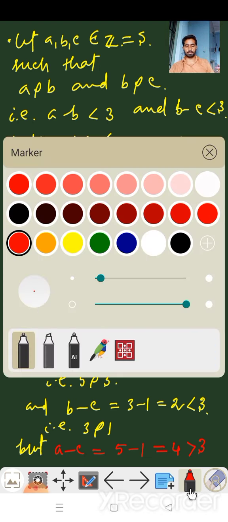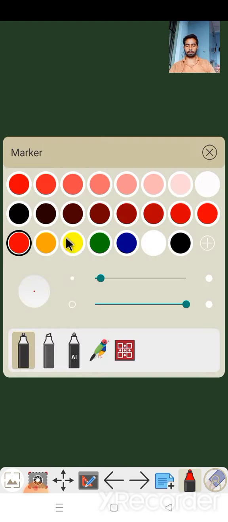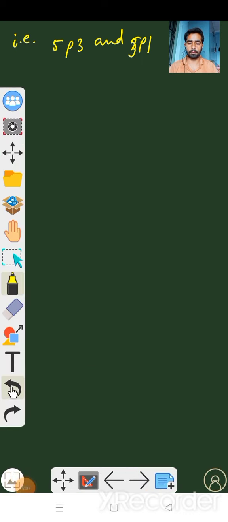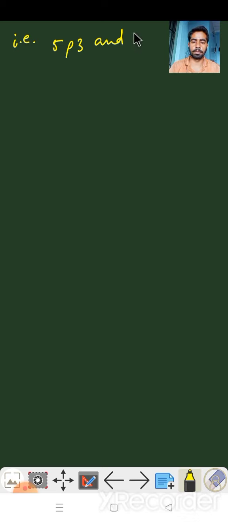That is, we have observed that 5 is related to 3 and 3 is related to 1 does not imply that 5 is related to 1.